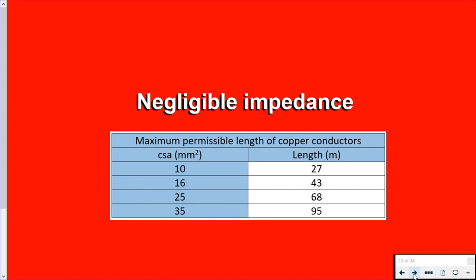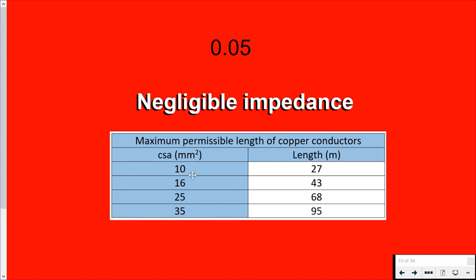Generally, for main protective bonding conductors, we try to keep them down to what we consider in industry to be a negligible impedance. Negligible impedance is 0.05 ohms or less. When you measure that 27 meter long cable, you're expecting roughly 0.05 ohms if you have zeroed your leads, but you also then need to take in, due to contact resistance, another negligible impedance.